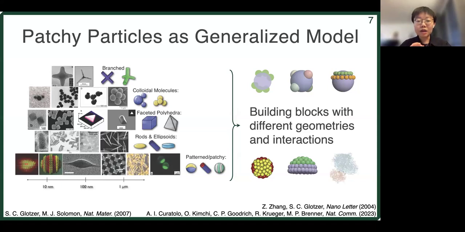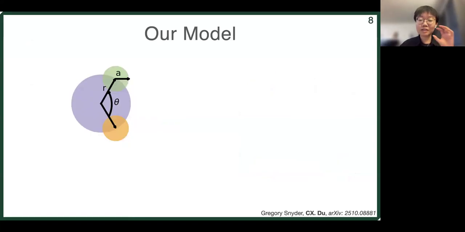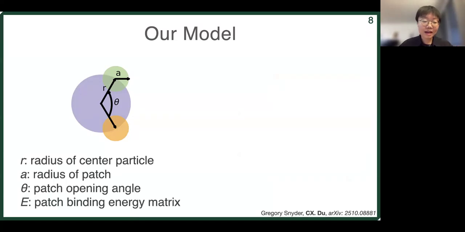But for the interest of this talk, and what I'm doing right now with JaxMD, I'm going to use a very, very simple model: patchy particles that have two different patches on them. But already you can see there are a bunch of different parameters we can tune. Here we have R, the radius of the center particle, which decides the shape of the particle.